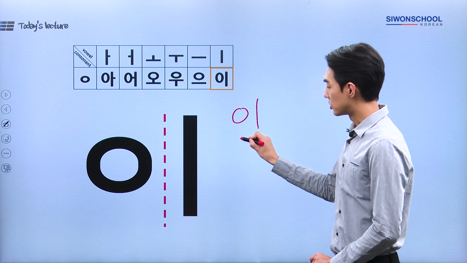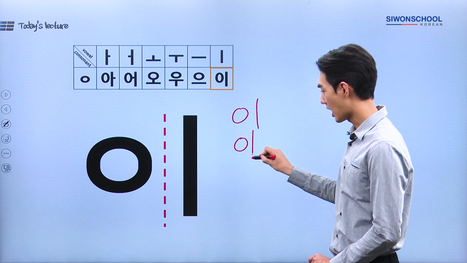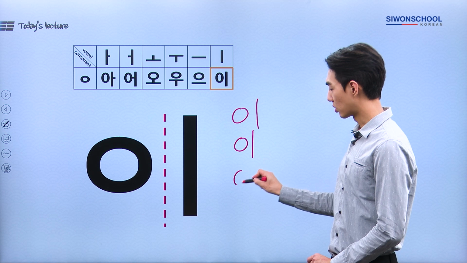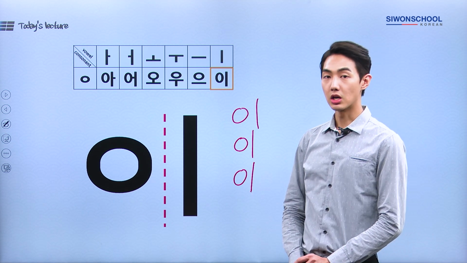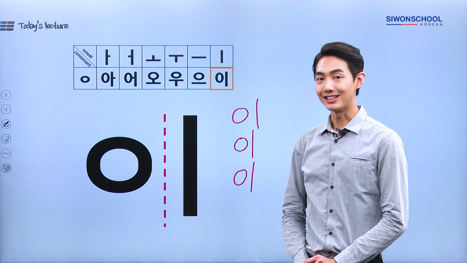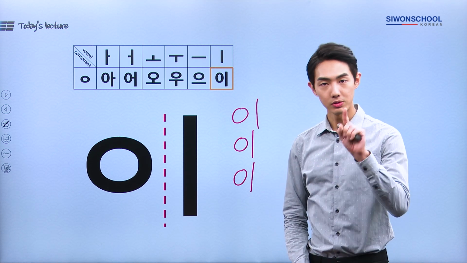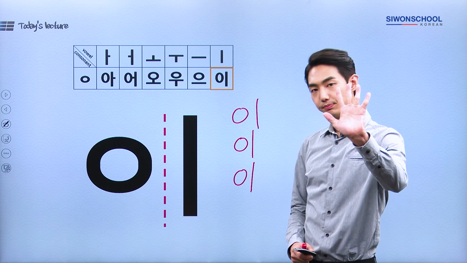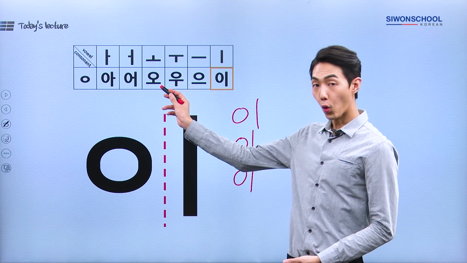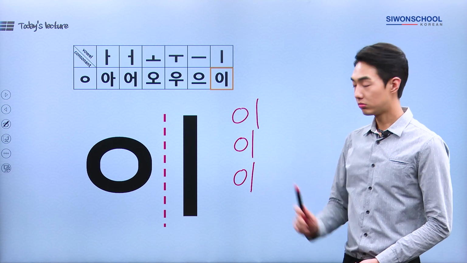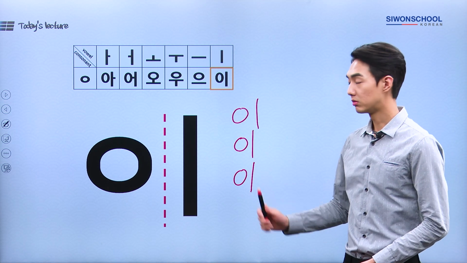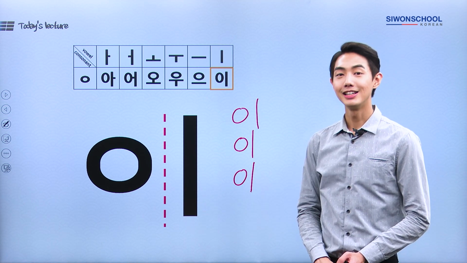So this is circle and down. Okay? How do you pronounce this? It's called 이. We learned this, right? What was a cucumber? 오이, right? 오이, 이. So, this sound is 이.